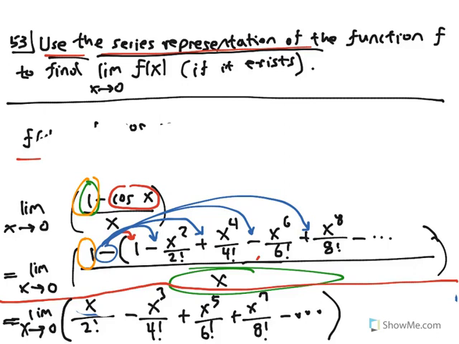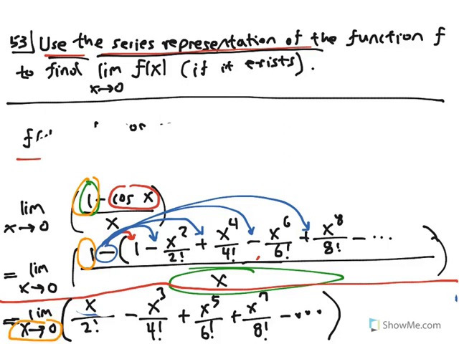And the reason why it doesn't really matter is because you're taking the limit of this infinite series, but all of the numerators have an x in them, raised to some power, either the first power, the third power, the fifth power, the seventh power, and so on. And you're taking the limit of this series with infinitely many terms as x goes to 0.